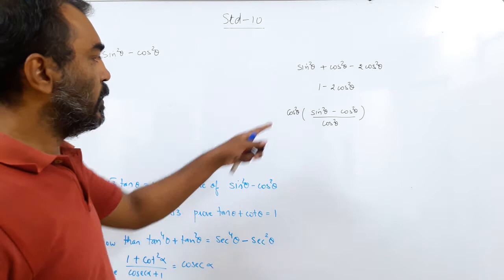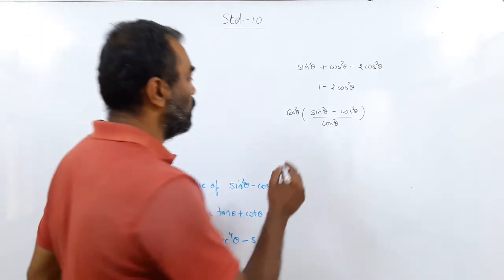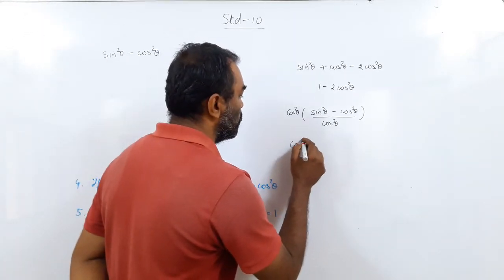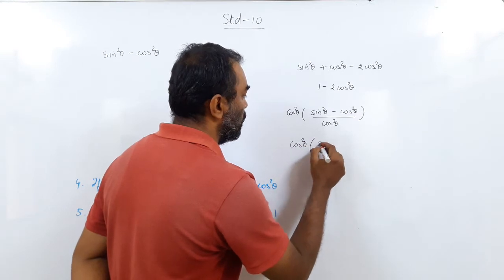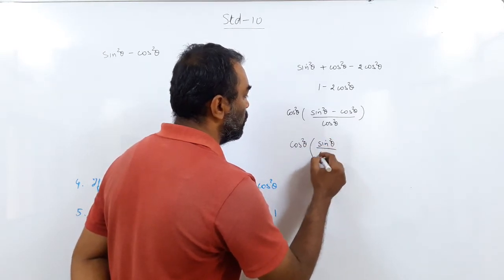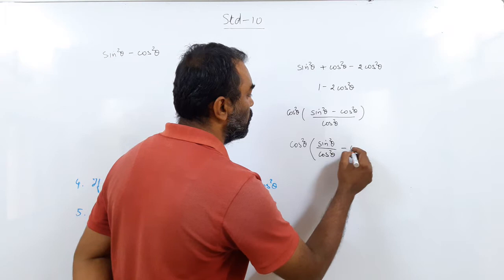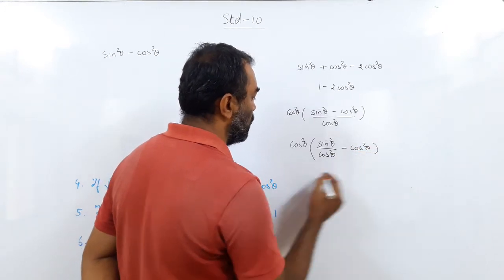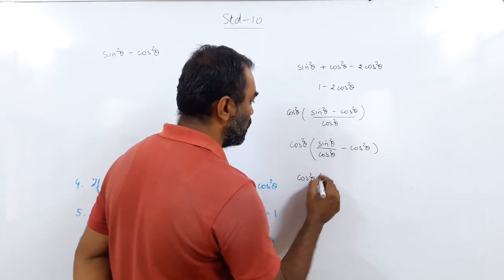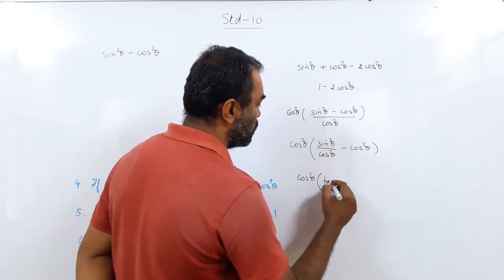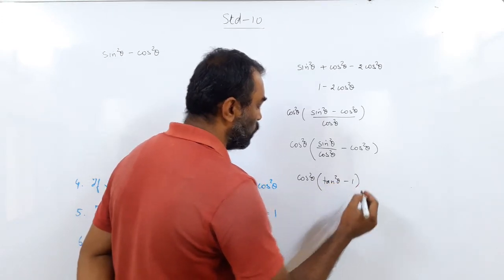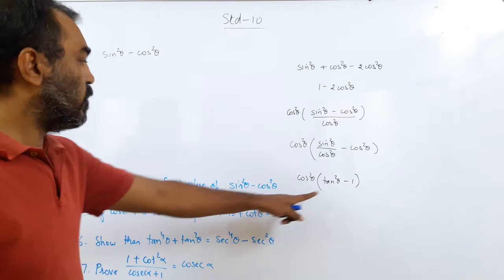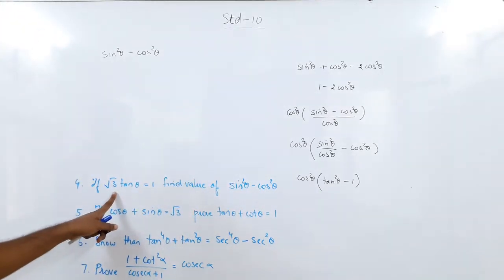So what I am doing, I multiply and divide by cos square theta. You will see why. So I get sin square theta by cos square theta minus 1, into cos square theta. What is sin by cos? Tan square theta minus 1.